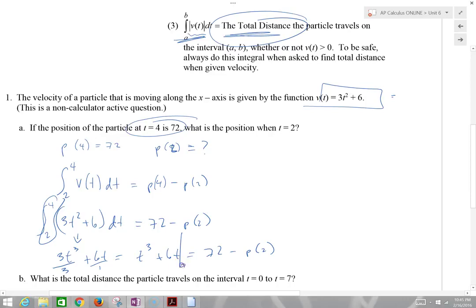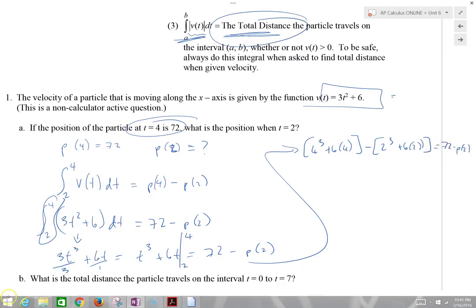And I forgot to mention this, but we need to evaluate this at 2 and 4. And I'm running out of room. So we have 4 cubed plus 6 times 4 minus 2 cubed plus 6 times 2, which is equal to 72 minus p of 2. So we simplify the left-hand side.